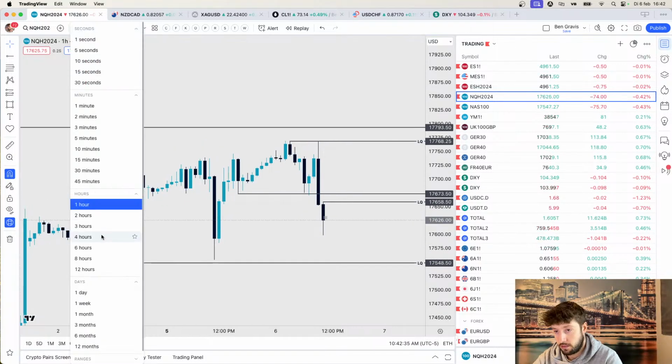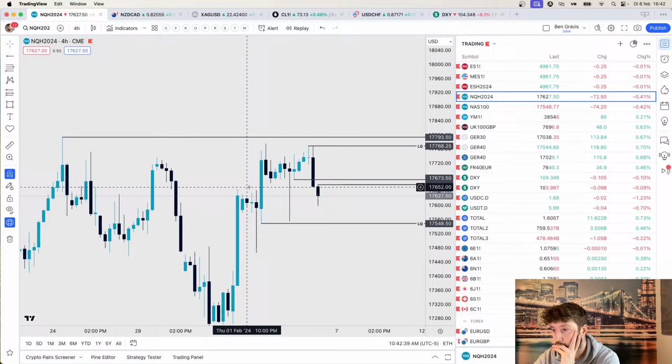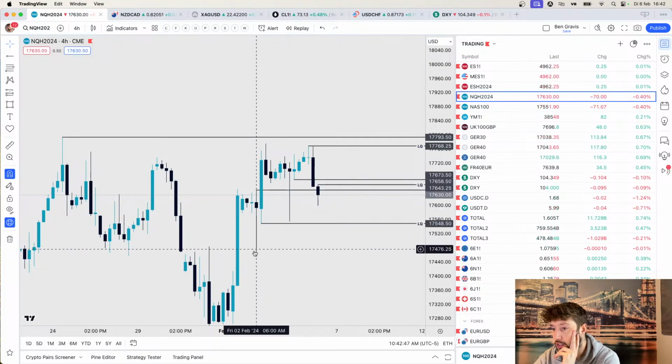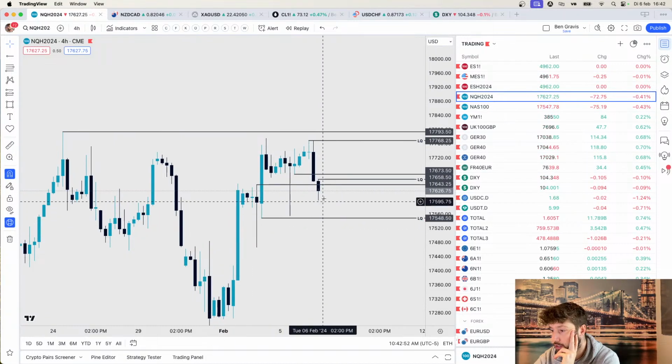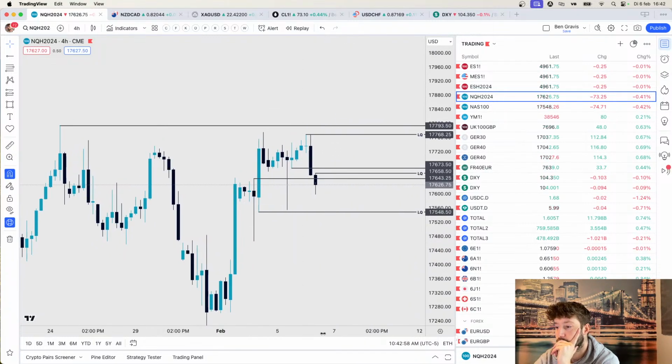I wouldn't necessarily short it right now. But once we do close below this 4 hourly, then we will most likely go towards this zone, both of these. So that means we still have some time.